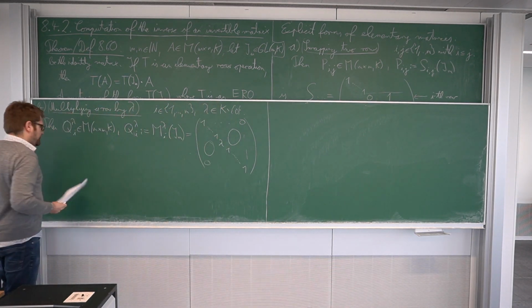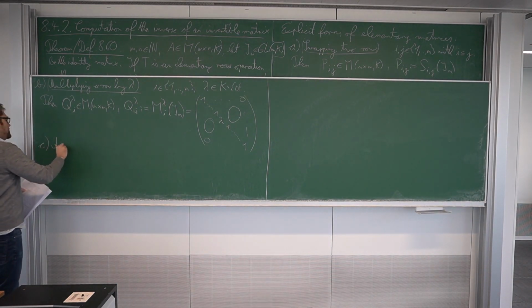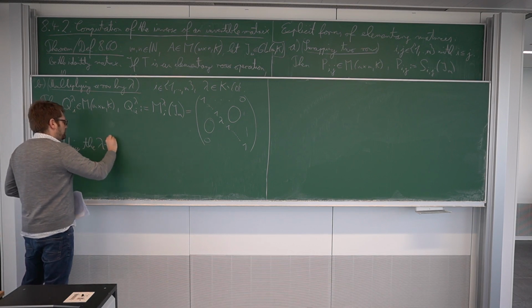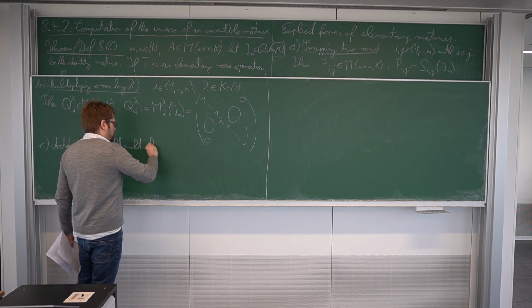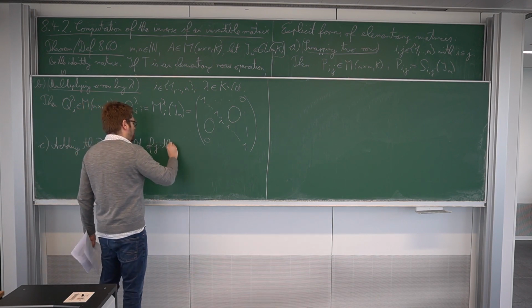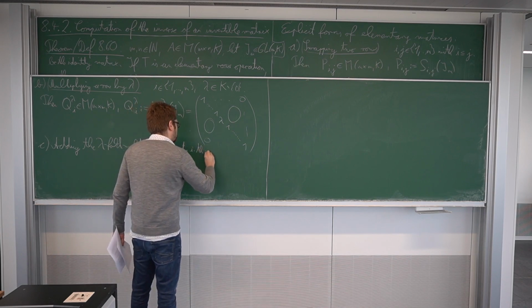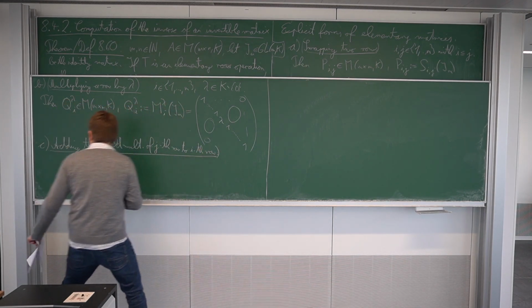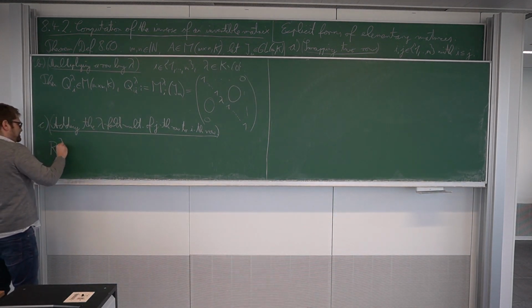Now the most sophisticated maybe is the third type. So this was adding the lambda-fold multiple of the jth row to the ith row. So here I call the matrices R_lambda,i,j.